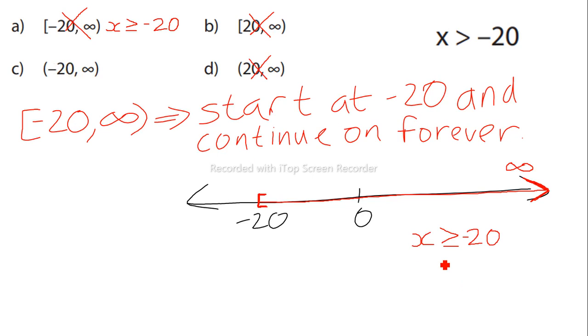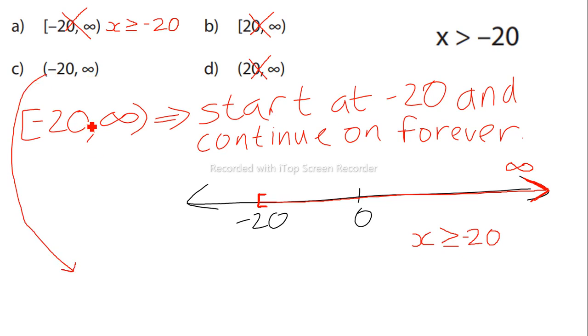If we consider C, C is definitely correct, because C tells us that we start at numbers greater than negative 20, and we continue on to positive infinity.